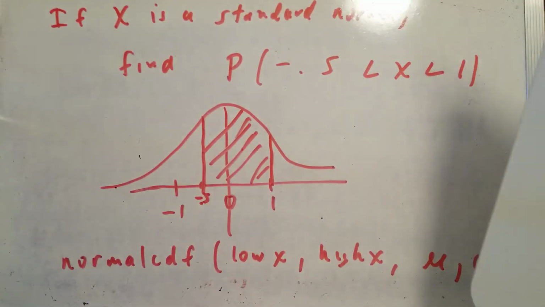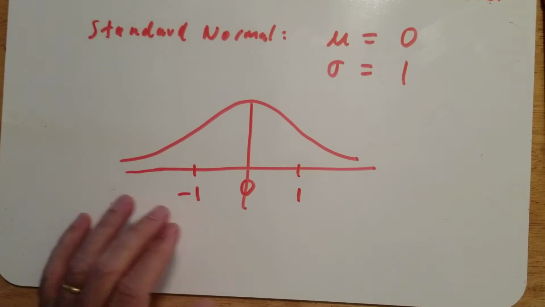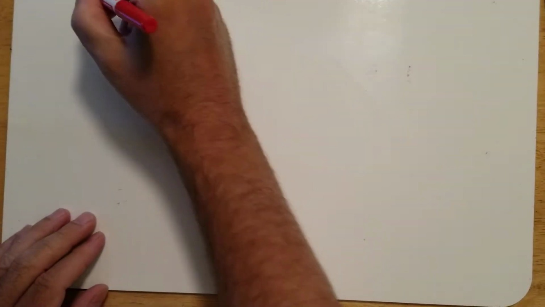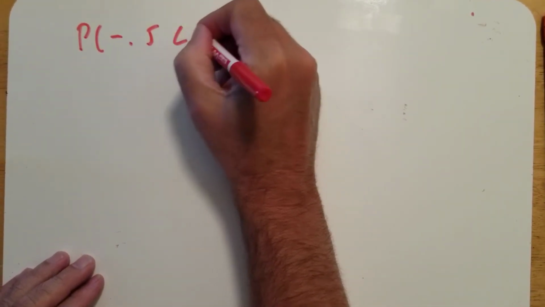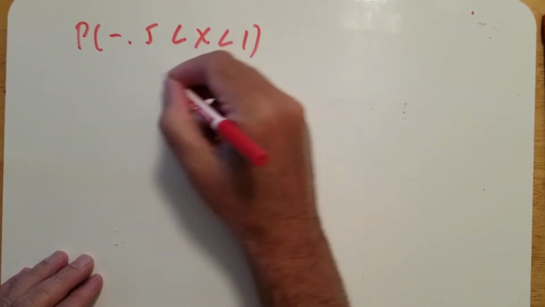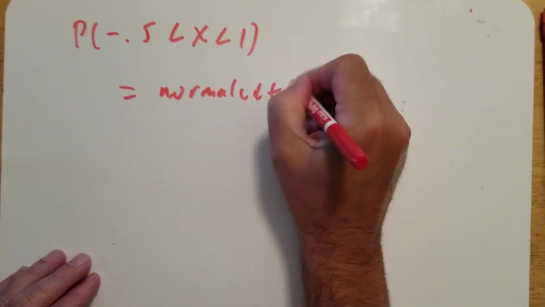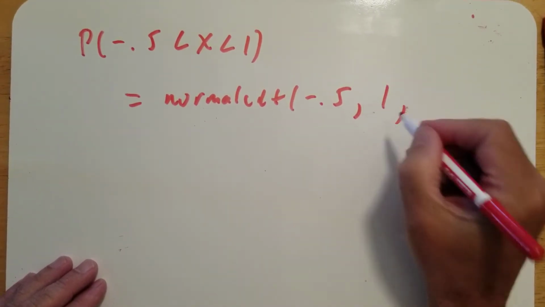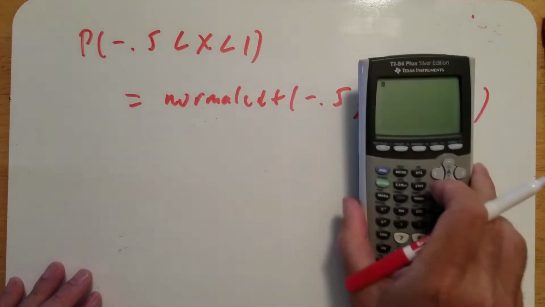So for this example, the probability that a standard normal is between -0.5 less than x less than 1 is equal to normal CDF. -0.5 is the low x, 1 is the high x, the mean is 0, and the standard deviation is 1.